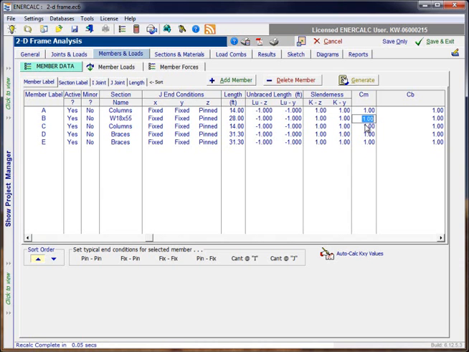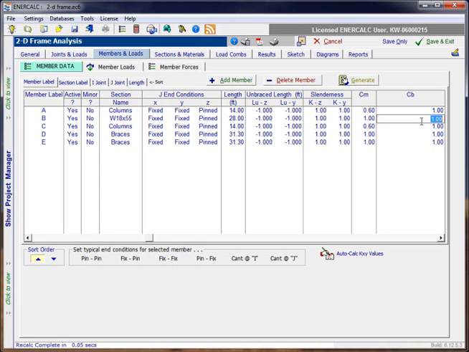As far as the values of CM are concerned, what we might do in this case is assume that the value of CM for the beam will be 1, and for the braces it'll also be 1, but perhaps we would come into the two columns, which are members A and C, and establish values of 0.6. Now this is just an example to illustrate how you can set these parameters and how they'll be incorporated into the steel design.